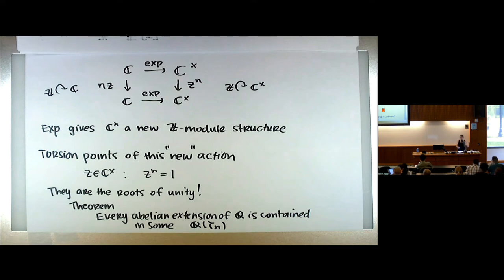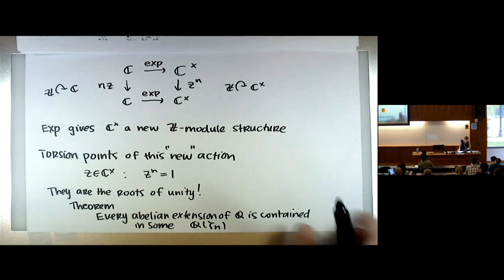I will get a new F_q[T] action on C infinity, and its torsion points will generate almost all abelian extensions of F_q[T]. There's a tiny caveat here, but that's easily fixed. So F_q[T] is added to the world of fields that we can do explicit class field theory for. And that is, as far as I understand it, what first motivated Carlitz to study the Carlitz module.